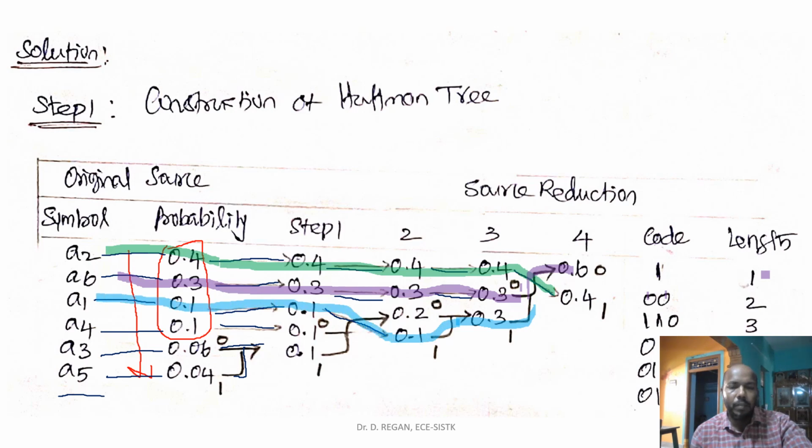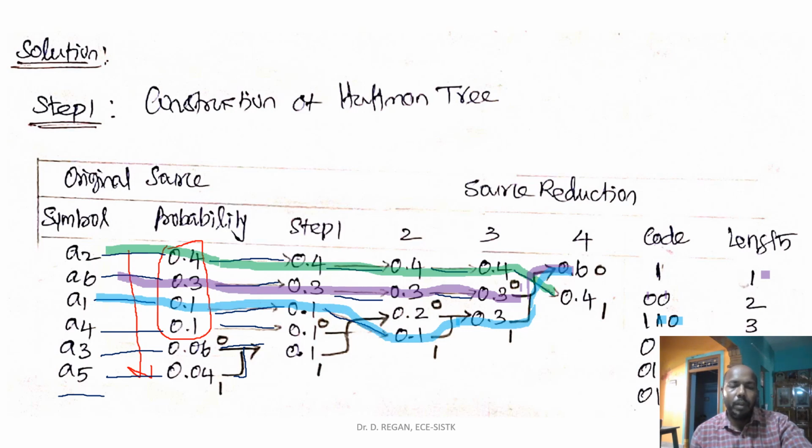That is the A1 symbol. From here I start with 0, so I have written the first 0. The next one is 1, so I have written 1. In prefix order, you have to write the bit assignments: the first is 0, and in the prefix the next is 1.